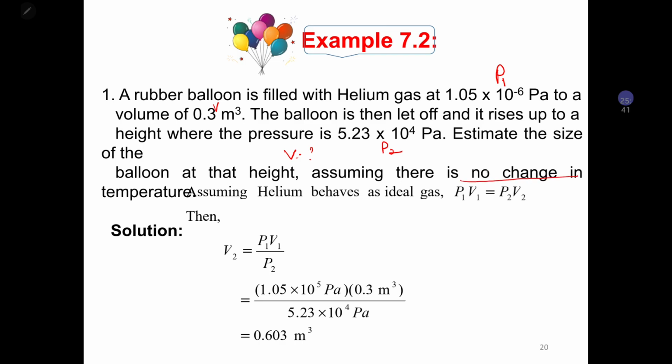There is no change in temperature, so we know it is about Boyle's law. Boyle's law states that P1 V1 is equal to P2 V2. So V2 we can calculate as P1 V1 divided by P2. You get the final volume is 0.603.